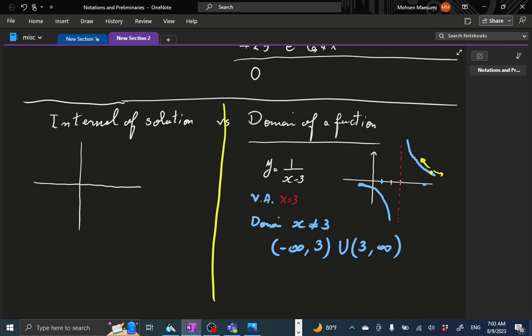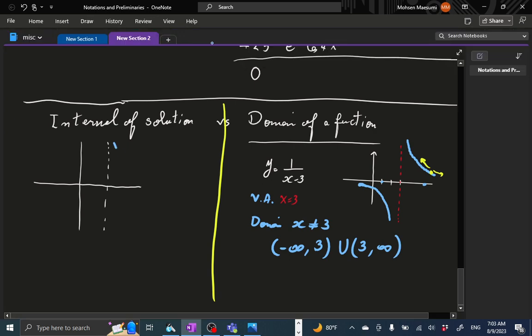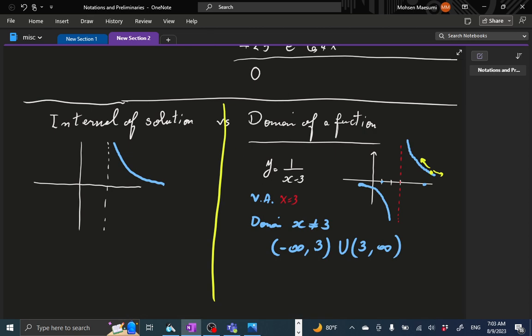So you have the same asymptote and the same everything as before. You are either happy with this, in which case your solution has the domain from 3 to infinity, excuse me, the interval of your solution is from 3 to infinity, meaning if at the beginning you were on that side, you're forever stuck on that side.